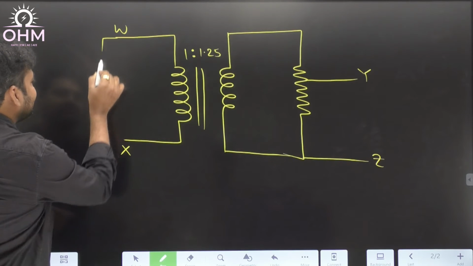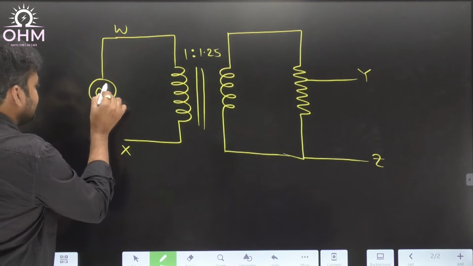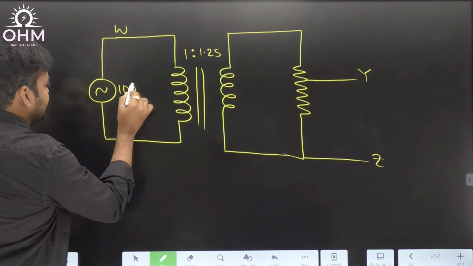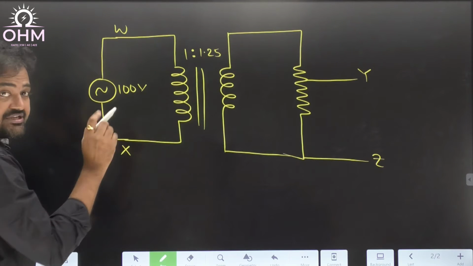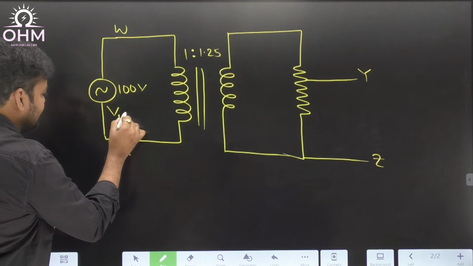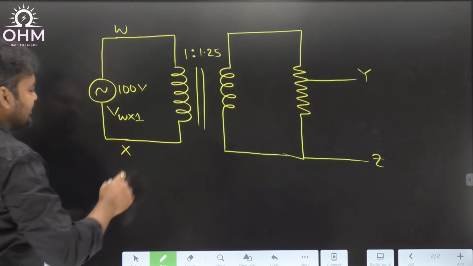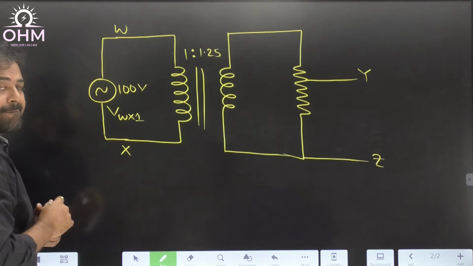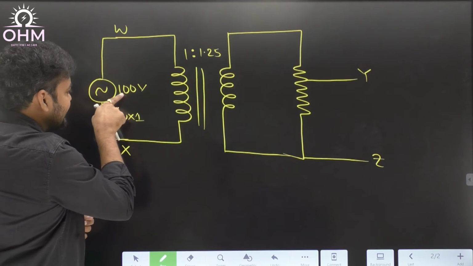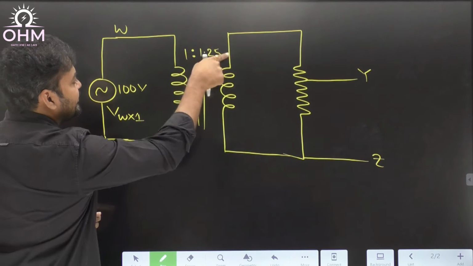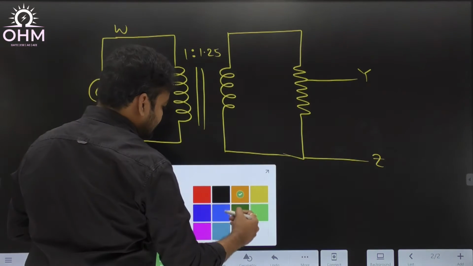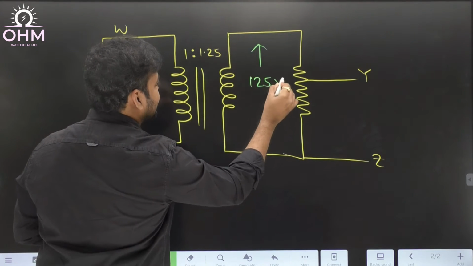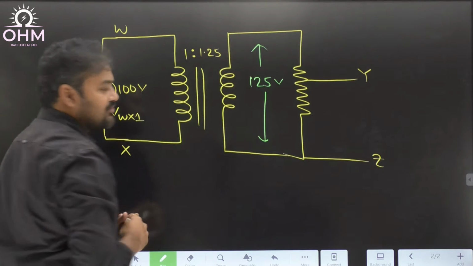In the first case, an AC voltage of 100 volt was applied here. This is what they call the first case, VWX1, and the voltage was applied between W and X. According to the turns ratio, if I give 100 volt as input, 125 volt will come as the output, because it's a step up transformer.